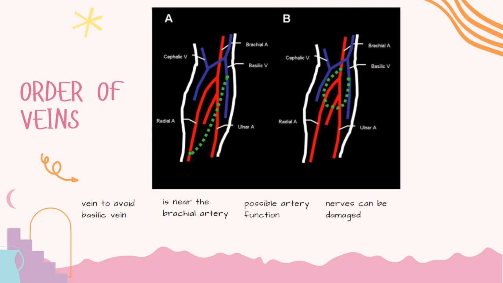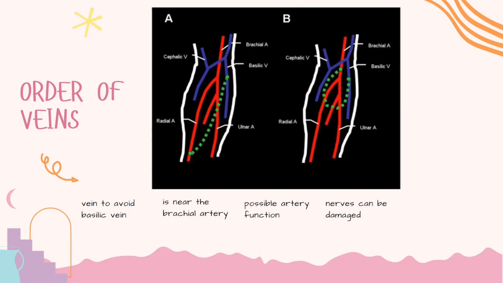If you push down hard enough, that is the brachial artery. You want to avoid the basilic vein because it's a higher risk of puncturing the brachial artery, and in fact, we want to avoid the internal bleeding that occurs if we puncture that brachial artery.